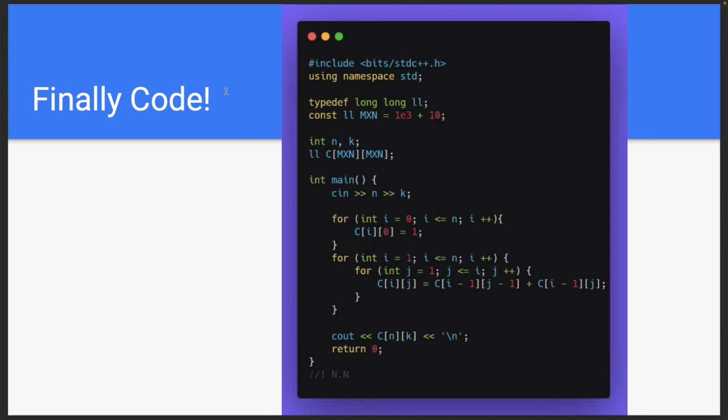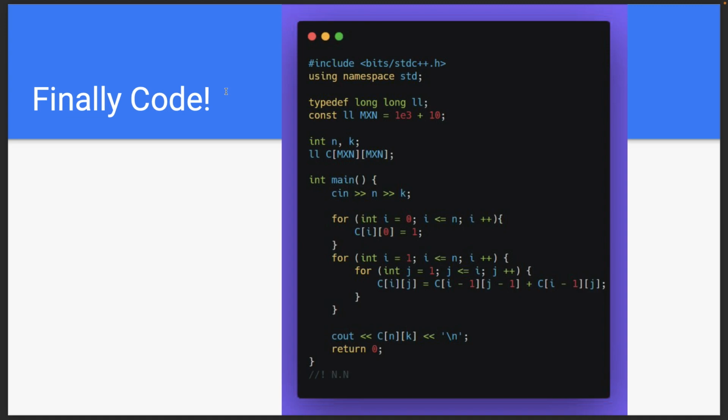And we can also implement that with arrays. It's a dynamic programming way, just to mention. The base cases are when n equals 0. Cij means choosing j elements from a set of size i.